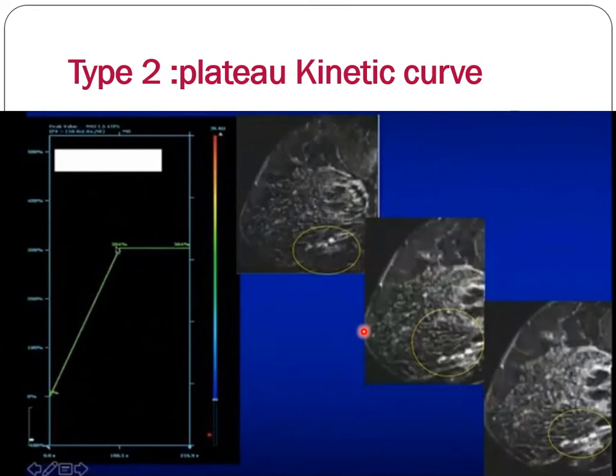Subtraction. T1 or T2? T1, post contrast. Fat saturated, or non fat saturated. So you have to mention all of them. This is a T1 fat saturated post contrast subtracted breast MRI.